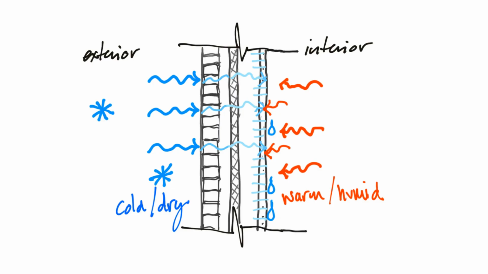And as it hits the face of your exterior wall, if that surface is colder than the dew point of your interior air, you could get condensation, meaning the humidity in your air turns into liquid water. This is what we're trying to avoid, and let's see how best we do this.